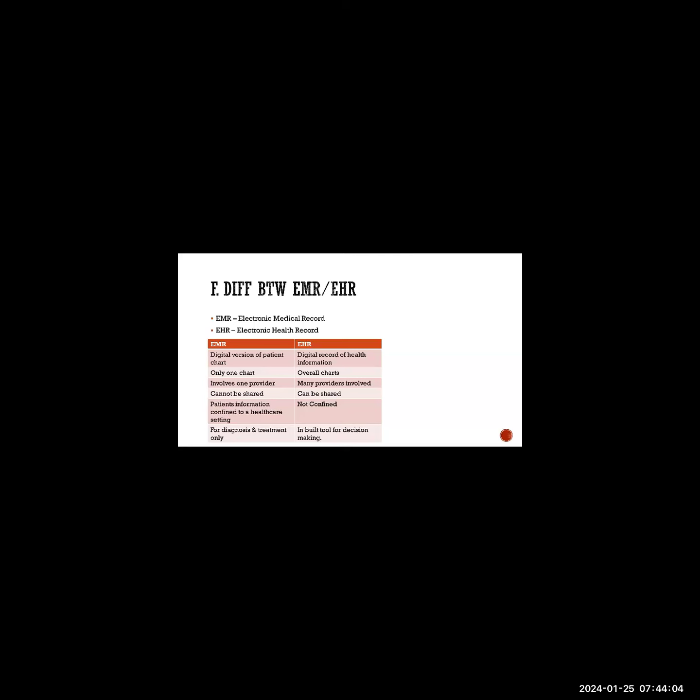Electronic medical record uses only a chart, while the overall charts and the encounters with the patient will be under electronic health record. In electronic health record, many providers are involved, while in medical record, one provider is involved. This means electronic health record is essentially the summary of the clinical encounters of a patient documented from wherever he has been seen, that can be accessed by any provider.